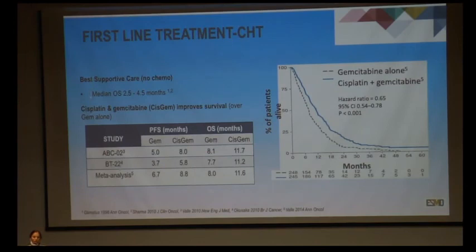When they compared patients who were only on best supportive care, the median survival was 2.5 to 4.5 months. With GemCis, the PFS went up to 8 months, and it was only 5 months with single agent gemcitabine. The overall survival went to 11.7 months, and it was 8.1 months with single agent gemcitabine.